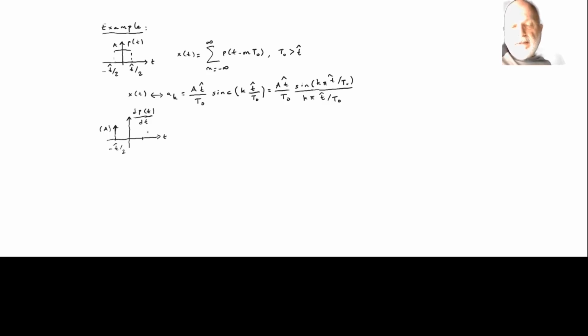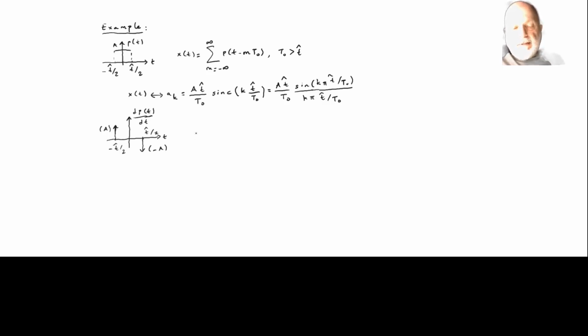Now the other impulse, which is located at T cap over 2, will have a negative strength because it jumps from a positive value to 0. So it will be the impulse with a weight which is equal to minus A.